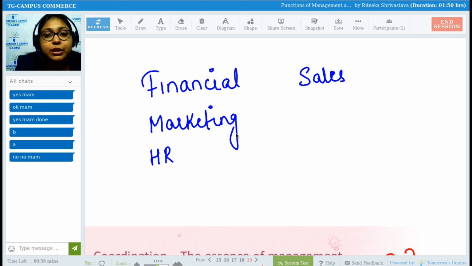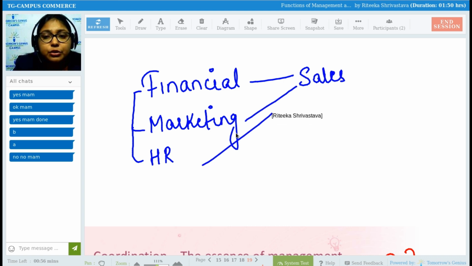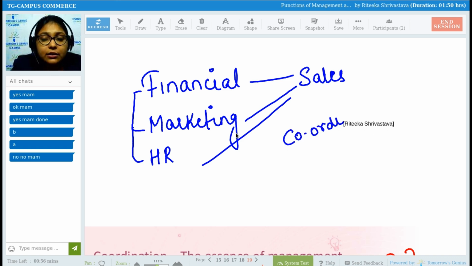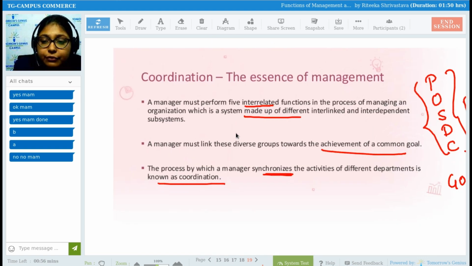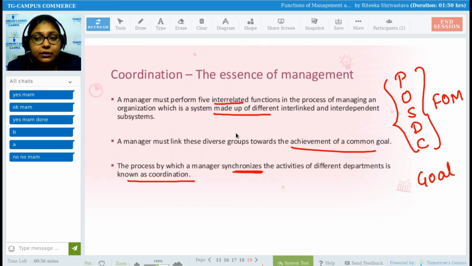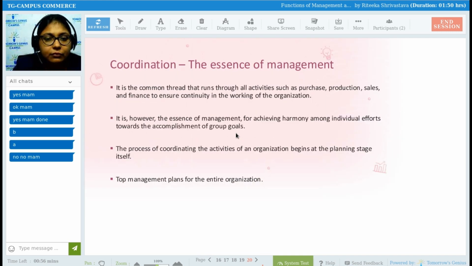Every department should have a good, cordial relationship with each other. Everyone should coordinate with each other. That is what they are saying, that every department should sync with each other.